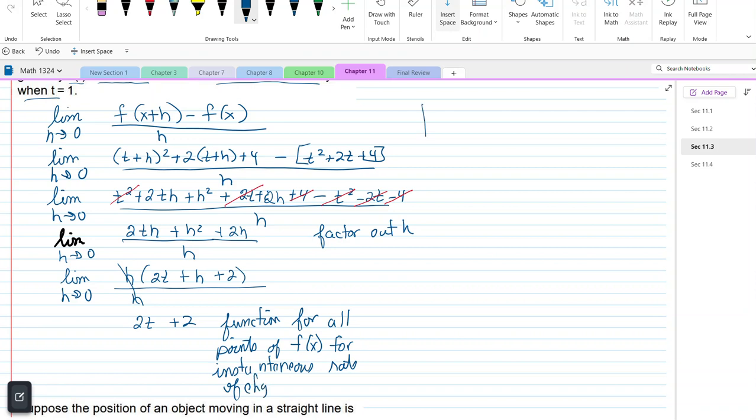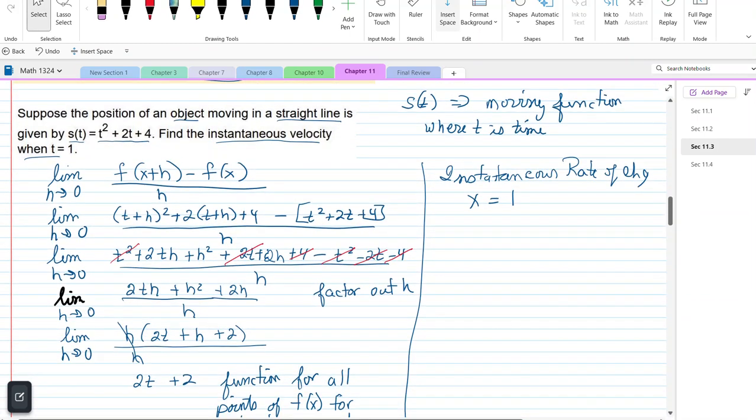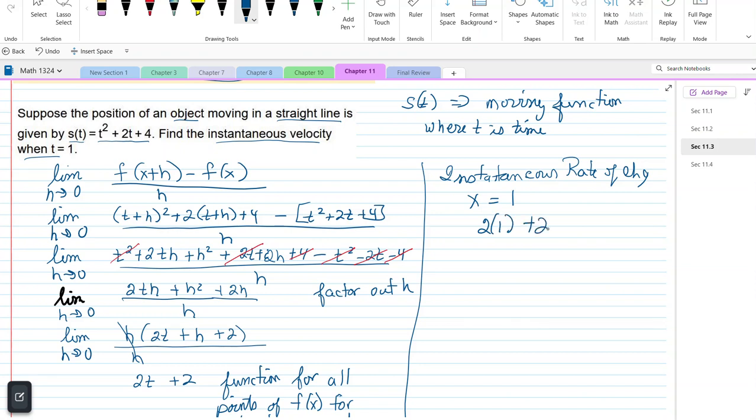All right, so now what we want is the instantaneous rate at x equals 1. As we do this, we put into our function 2 times the 1, plus the 2.